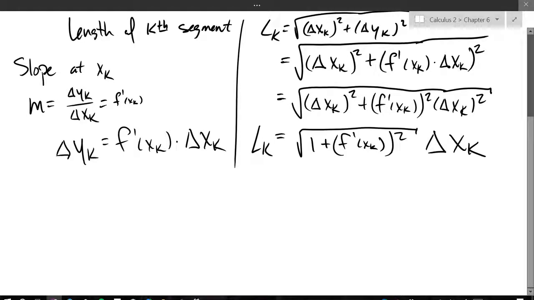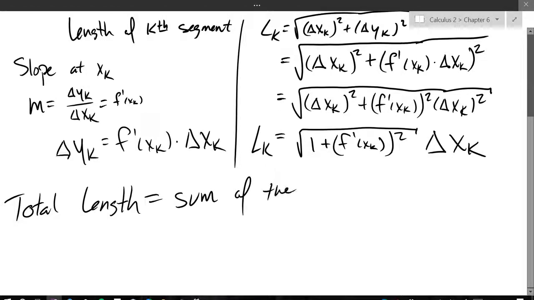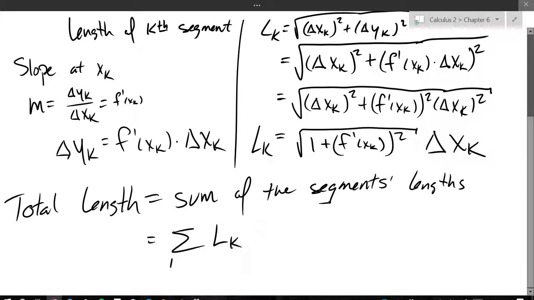How do I get the length of the entire thing? I go and add up every single line segment. So total length equals the sum of these segments. We're going to write summation Lk, k equals 0 to n, and there'll be n pieces.